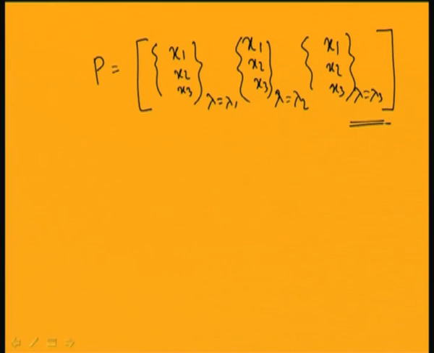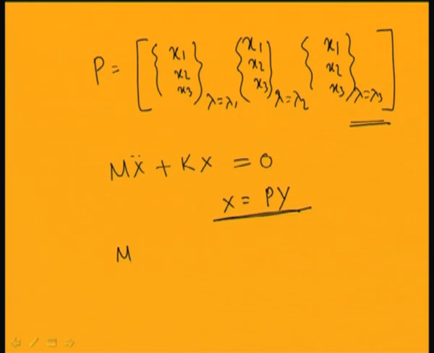So, let us have an equation of motion in this form. This is m x double dot plus k x equal to 0. Now, we can uncouple this equation by writing x equal to P y. So, I can write this equation as m P y double dot plus k P y equal to 0.